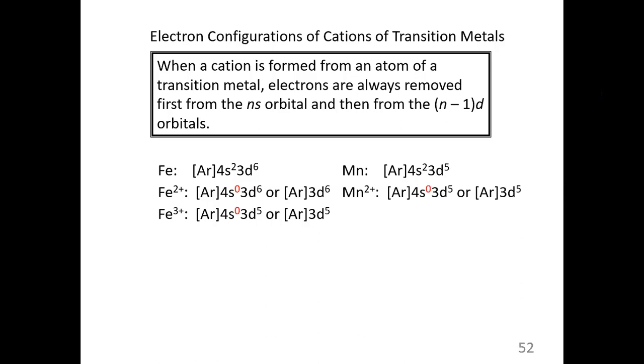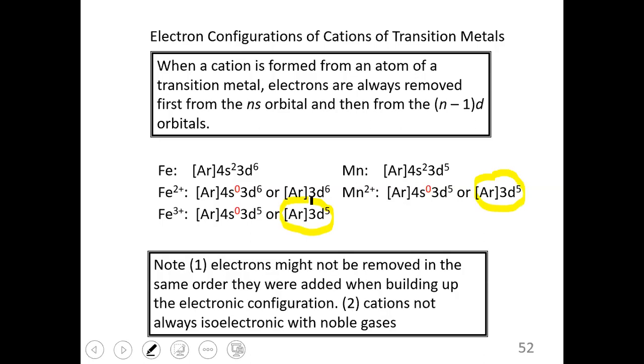Notice that manganese 2 would be isoelectronic with iron 3. Now, when you make the manganese 3 ion, of course, you would take one of those 3d electrons, which is not very easy, and therefore not as common, not as stable an ion.